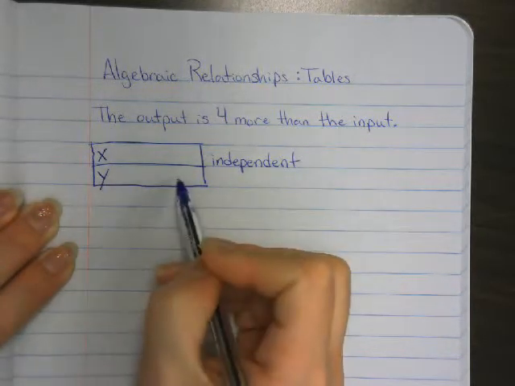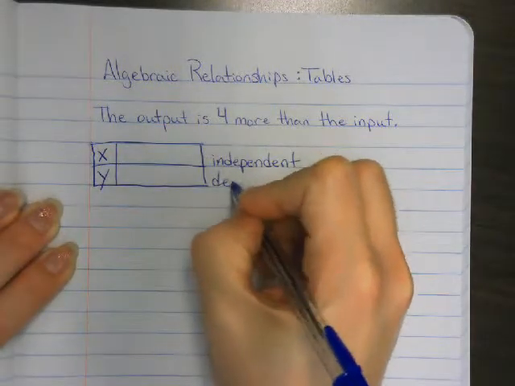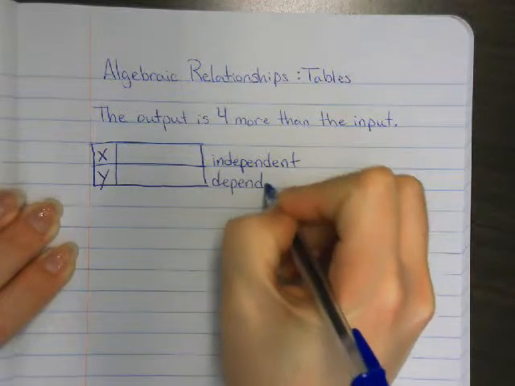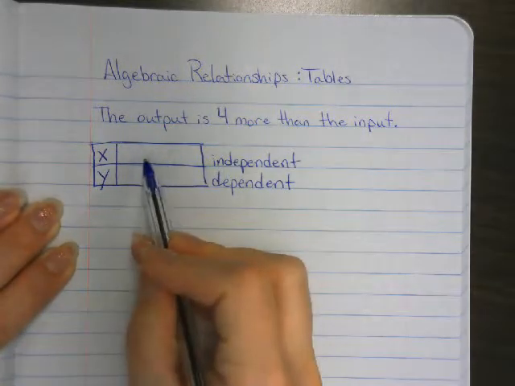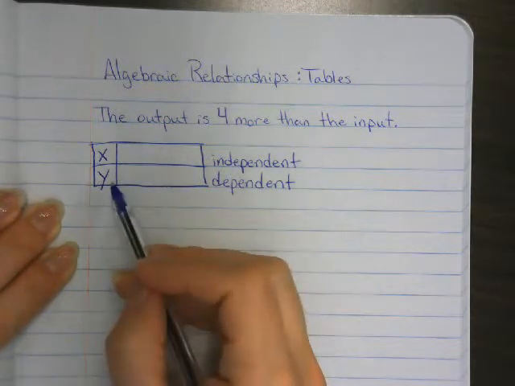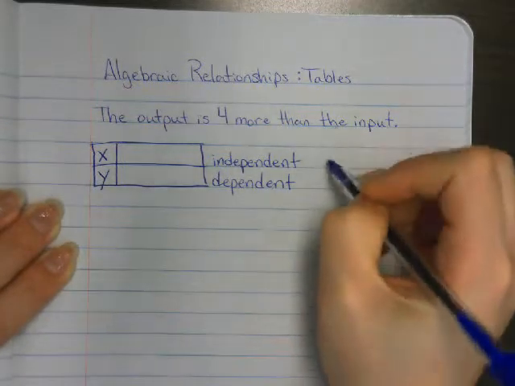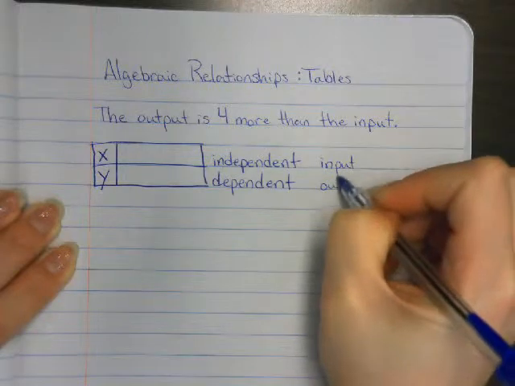The way to check to see if your bottom half of your table will be the y is to see if it is the dependent. If the bottom information depends on what you manipulate at the top, then that means the bottom is the dependent variable, or the y. This is also known as the input and the output.